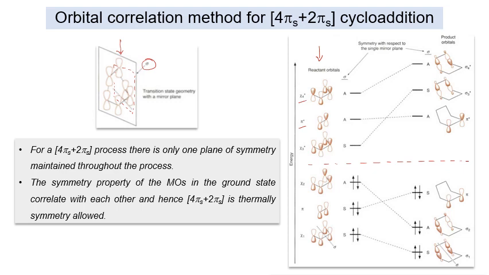And then we have the cyclohexene. So we have the sigma 1, sigma 2, pi, pi star, sigma 3, sigma 4. Okay, and we can see that the symmetries are correlated in the ground state without crossing the non-bonded level. Therefore, this process is thermally allowed in the ground state.